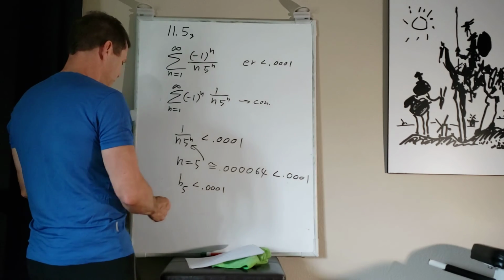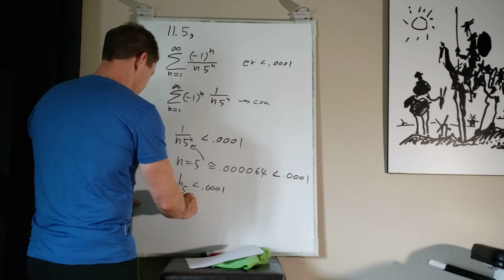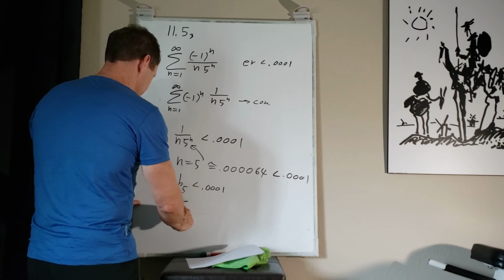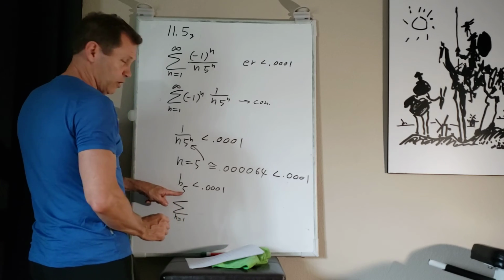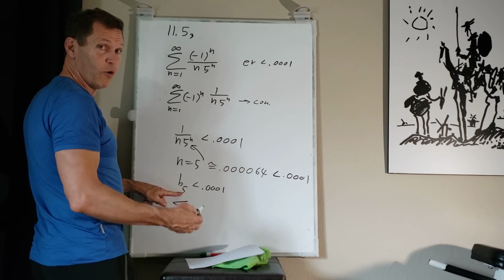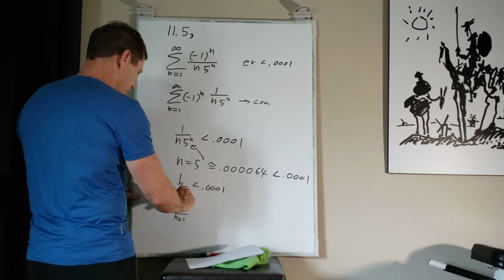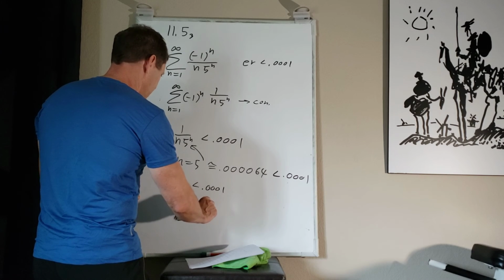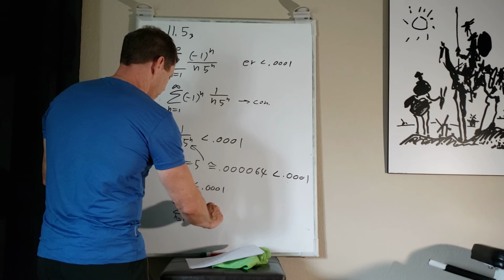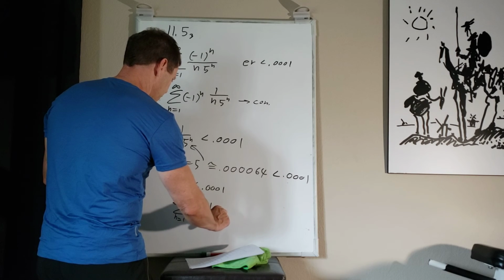So all I have to do to approximate this is sum n equals 1, 2, do I go to 5? No, I'll go to 4, because my error is less than the next term. So the sum from 1 to 4 of (-1)^n times 1 over n times 5^n.